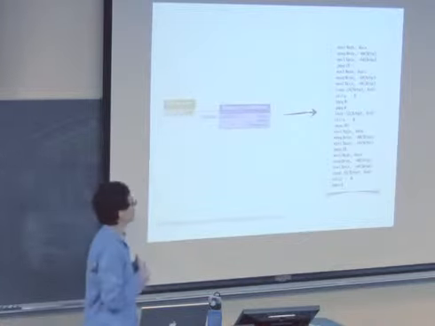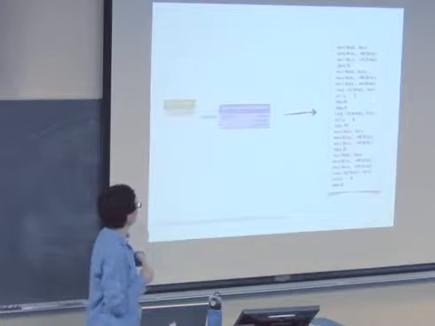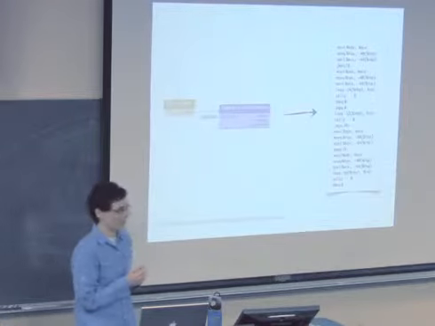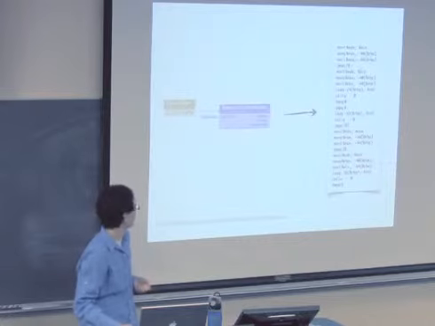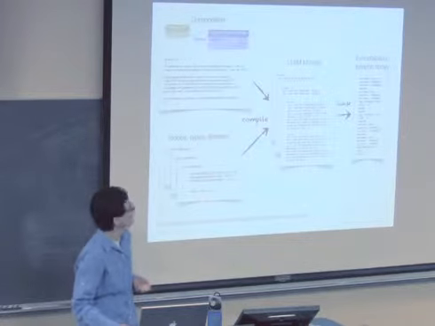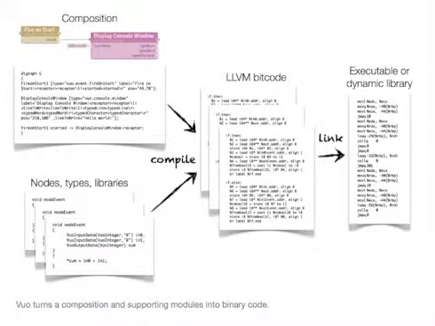We have to figure out how to schedule nodes to execute at the correct time. So this is our compiler. Looking at this in a little more detail, we need to take the composition, which if you open it up in a text editor, is just a list of all the nodes and cables. And we need to turn that into an executable or dynamic library.